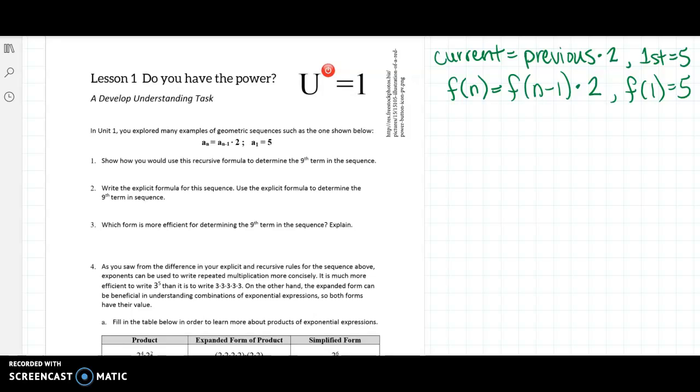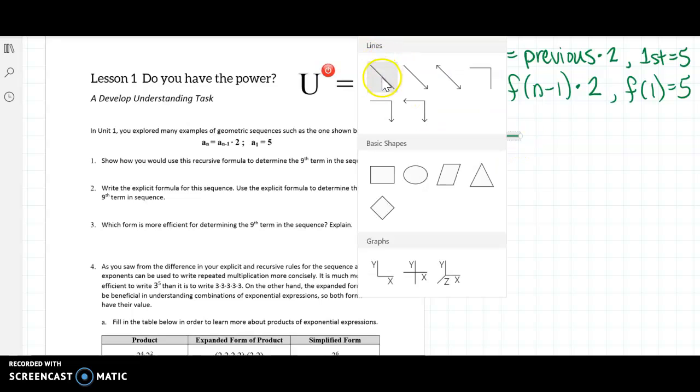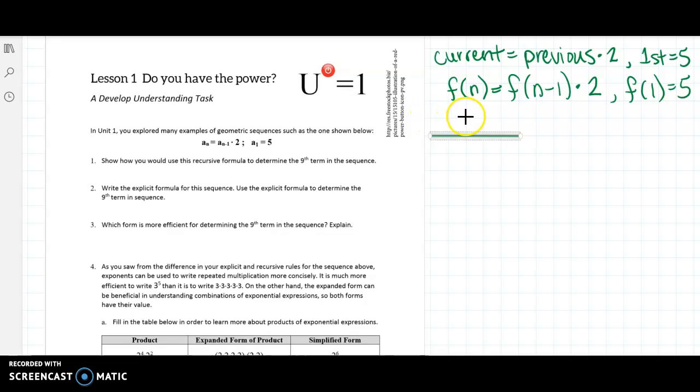Question 1 says, show how you would use this recursive formula to determine the 9th term in the sequence. Remember that recursive formulas look down a table. They describe a relationship between outputs.